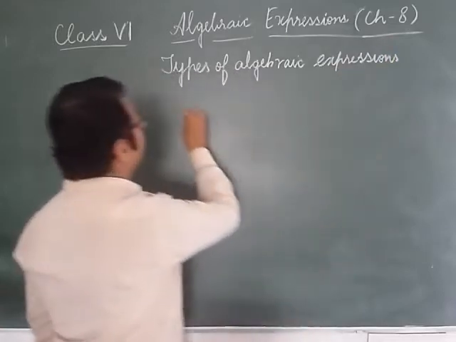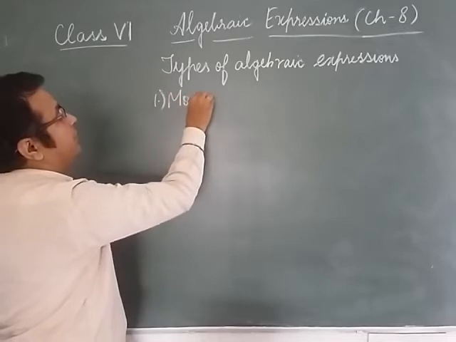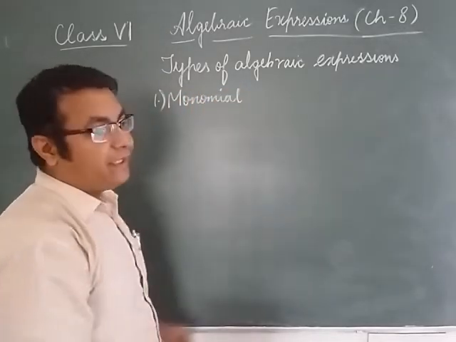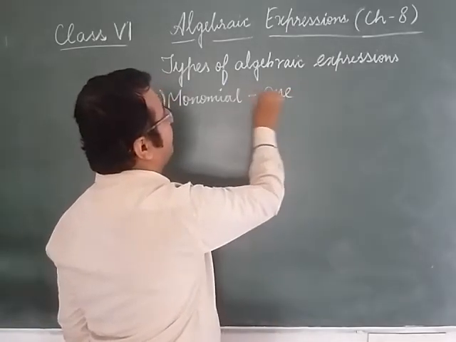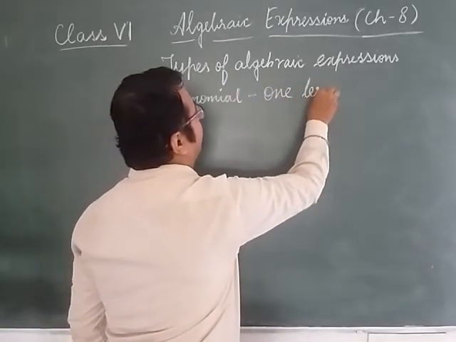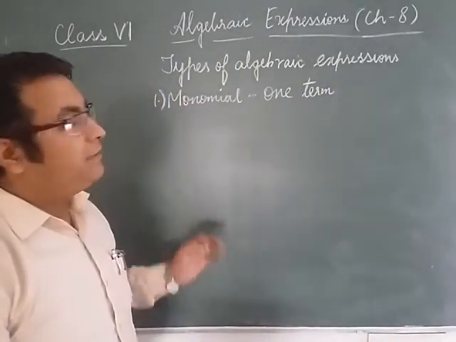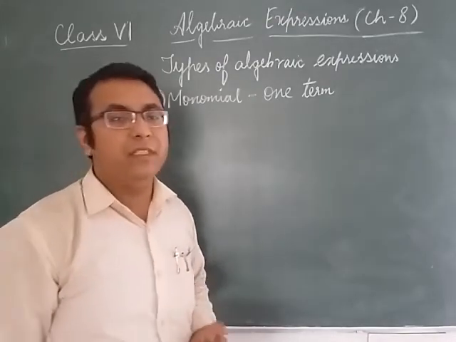The first type is monomial. Mono, as the name indicates, means one. Mono means one term. Okay. So an algebraic expression is said to be a monomial if it contains only one term.